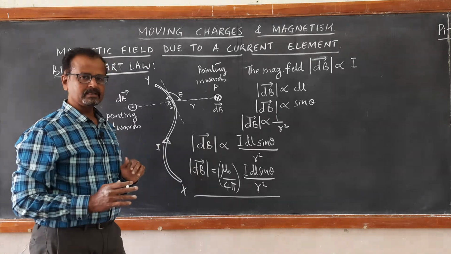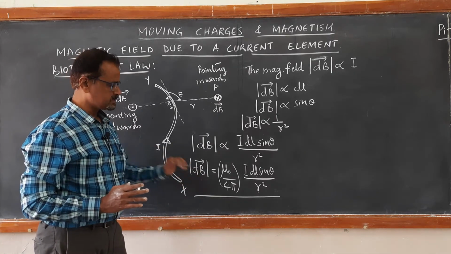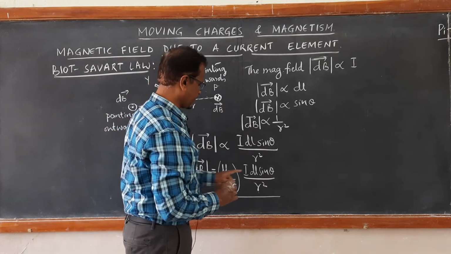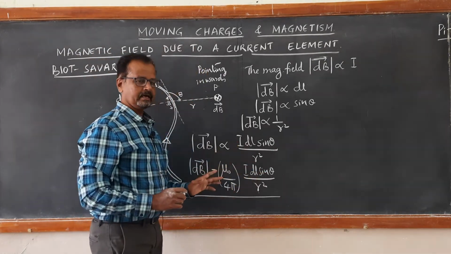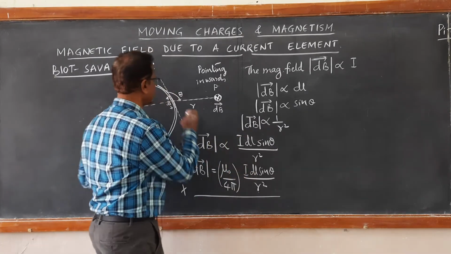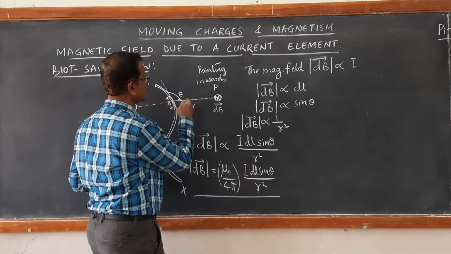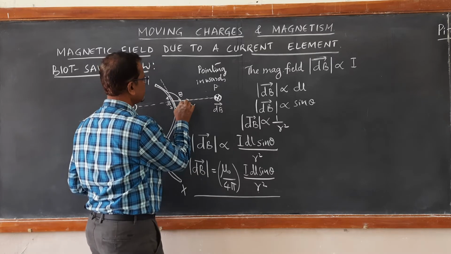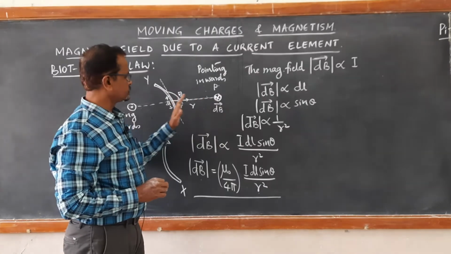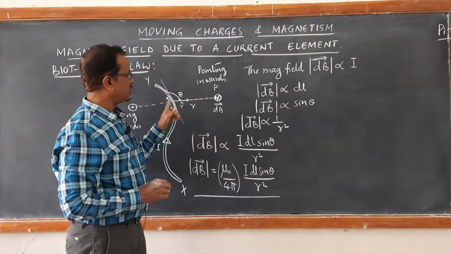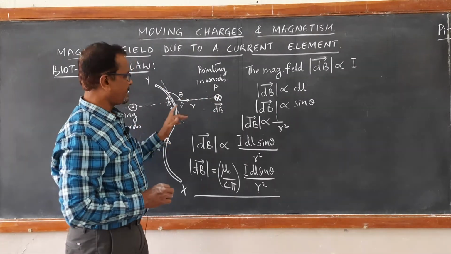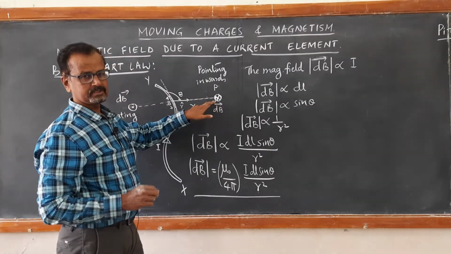Since magnetic field is a vector quantity, we need to express this in vector notation. So how to write it? Look at this. I can write this I dl sin theta as I dl vector cross r unit vector, where r unit vector is the direction along the position vector of the point under consideration, not the particle.